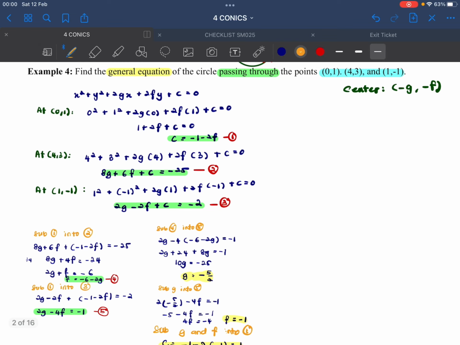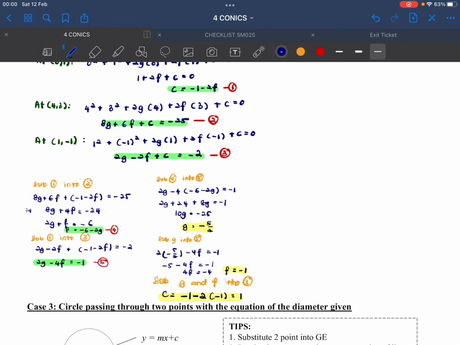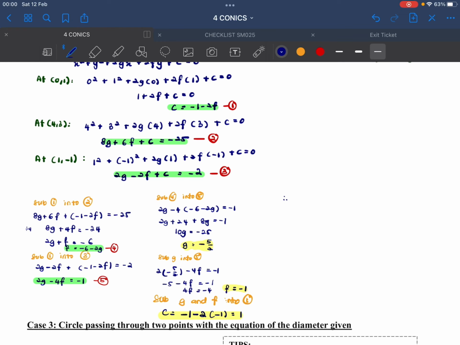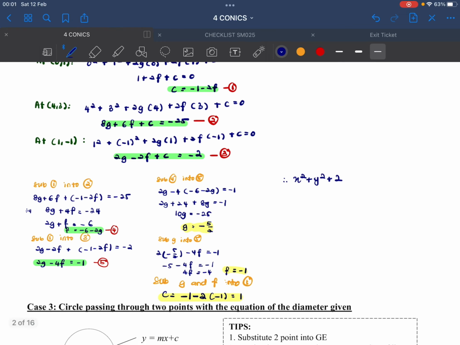So here we have our g, f, and c. What we are going to do is substitute everything into the general equation here. So we have x squared plus y squared plus 2gx, where our g is negative 5 over 2, x, plus 2fy, where our f is negative 1, y, and last one plus c equals 0.